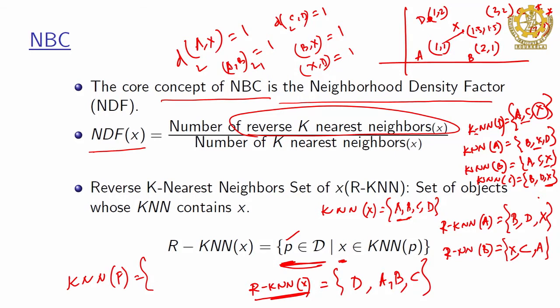L1 distance we are computing, so it will be 10. What will be the distance from F to B? 11. So, (7, 7) to here is 1.5 to 5, so 5.5 and 5.5, which is 11. And obviously, all other points will be far away.